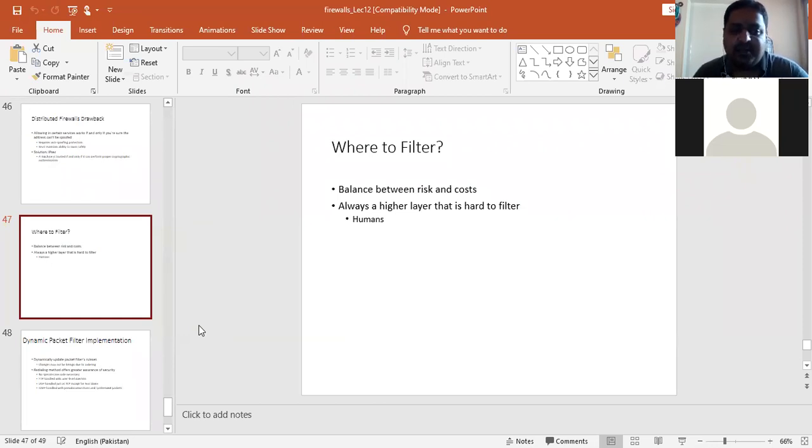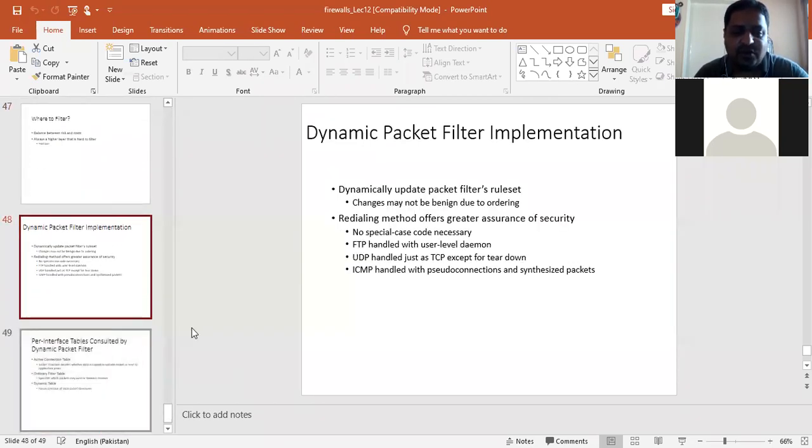We can implement different types of firewalls, like for example, as we are discussing the dynamic firewalls, we can define some specific firewall.